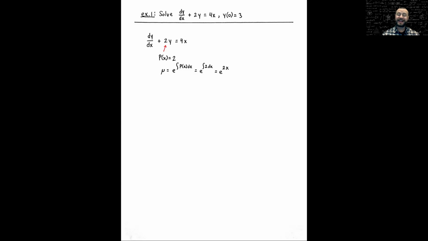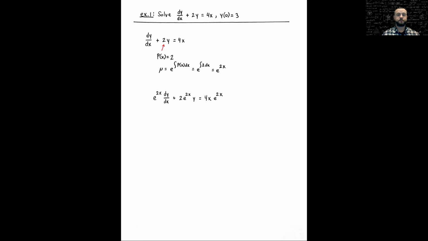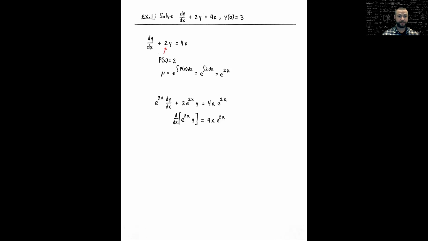All right, we're going to take that integrating factor, e to the 2x, and multiply the whole equation, left side and right side, by mu, which is e to the 2x. Provided you found the correct integrating factor, the left side, and this is the important part, always reduces and collapses to the derivative of mu times y.